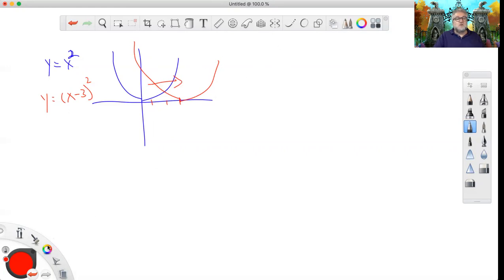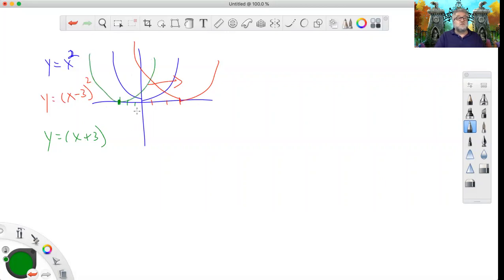And likewise, if we do, let's get a darker color so you can see it, y equals x plus 3. When I put in 0 for x, it's going to give me what we did for 3. If I put in negative 3, it's going to give me what we did for 0. So at negative 3, I'm going to have 0 here, and it's going to look like this.